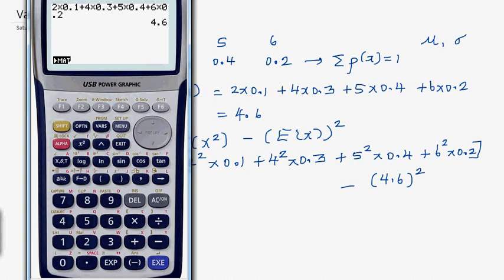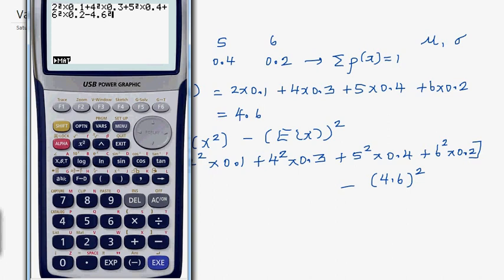Well, 2 squared times 0.1 plus 4 squared times 0.3 plus 5 squared times 0.4 plus 6 squared times 0.2 minus 4.6 squared.